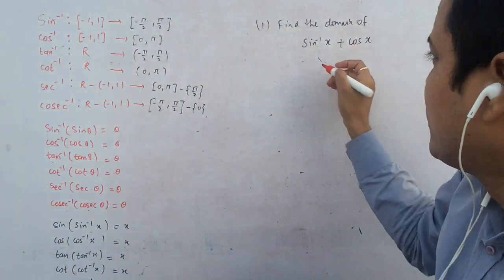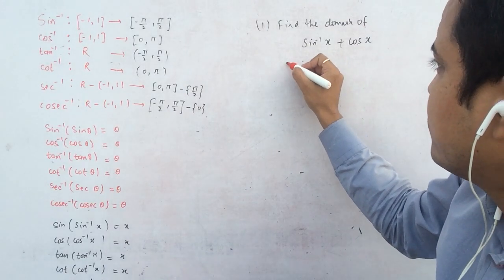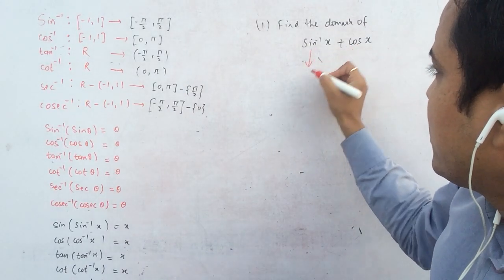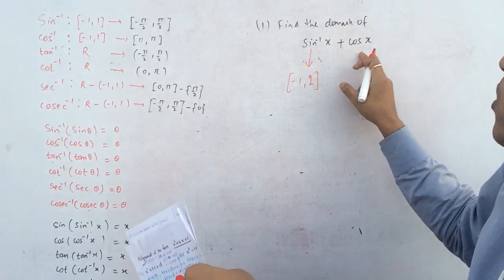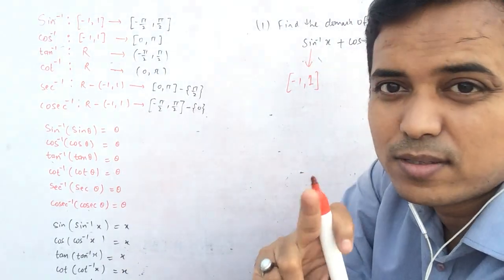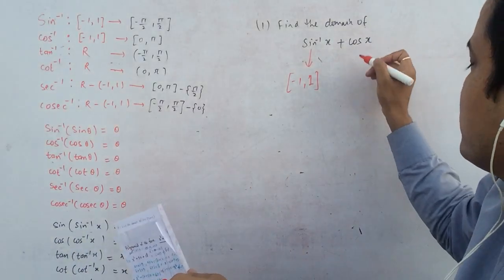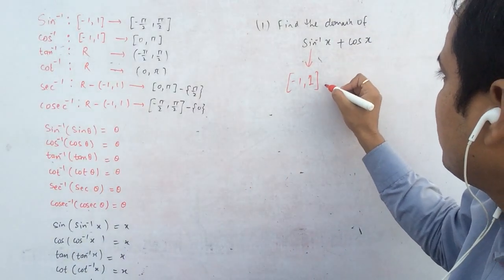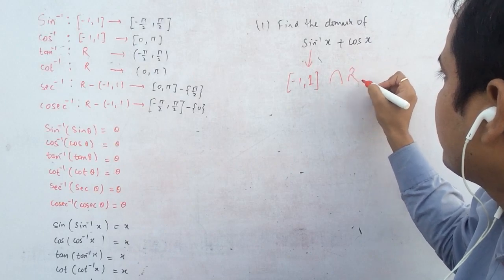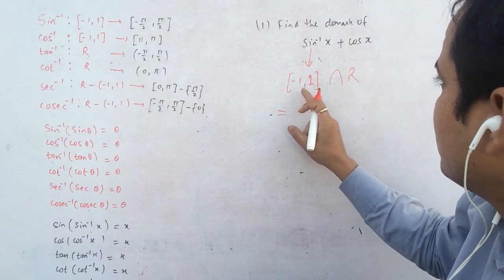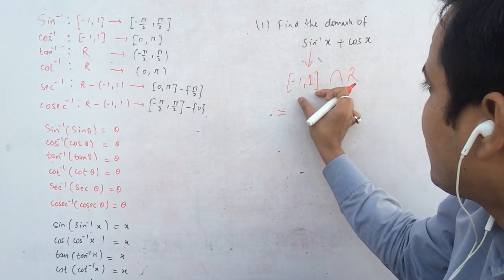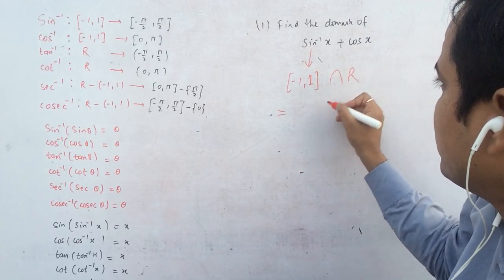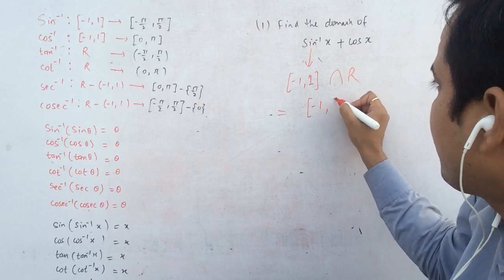So the domain of sine inverse x is [-1, 1]. And what is the domain of cos x? You need to learn this. It is the real numbers. So the domain of cos x is the real numbers, and we have to take the intersection. If you take the intersection of the closed interval [-1, 1] and the real numbers, you would get [-1, 1].